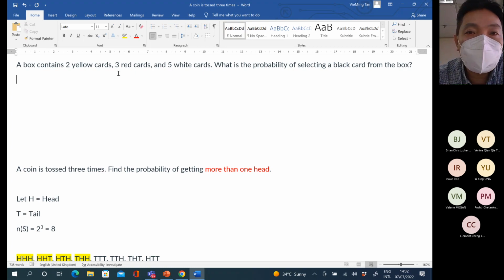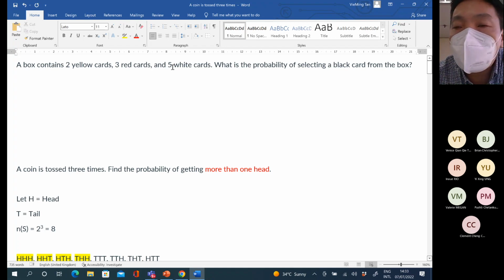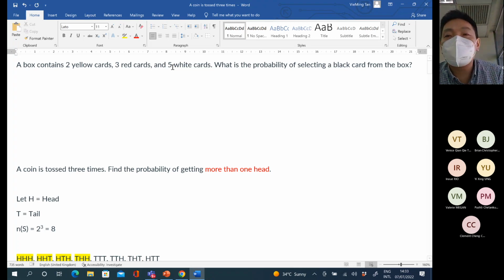What is the answer? Zero. Is there any black card? Answer is 0. What is the reason? There is no black card in the box. Yes, because the box has only 2 yellow cards, 3 red cards, and 5 white cards. There is no black card in the box. So that means the chance to get 1 black card is 0. Answer is equal to 0.